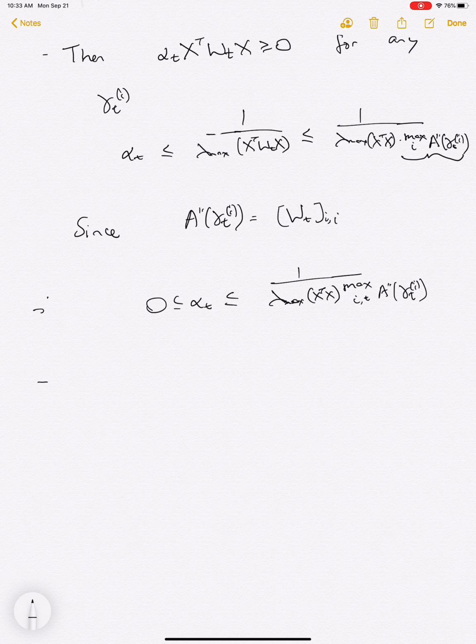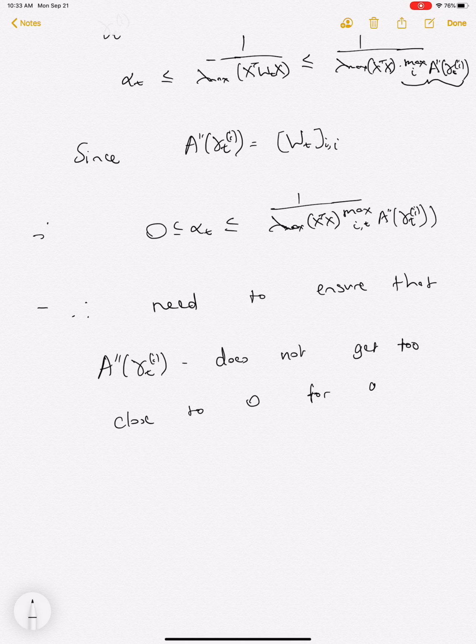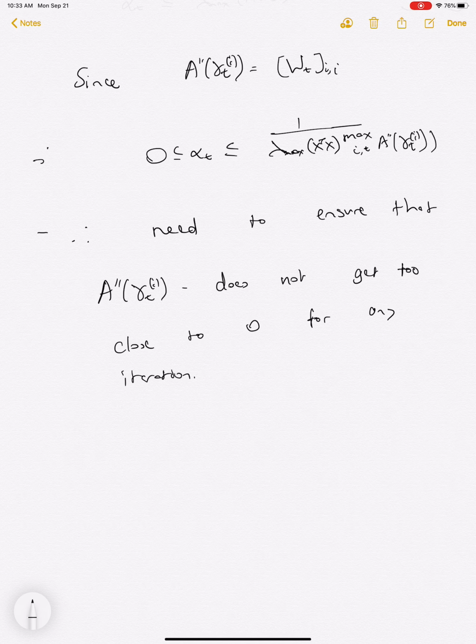And so we need to ensure that this double derivative of A, the strictly convex function, does not get too close to 0 for any iteration.